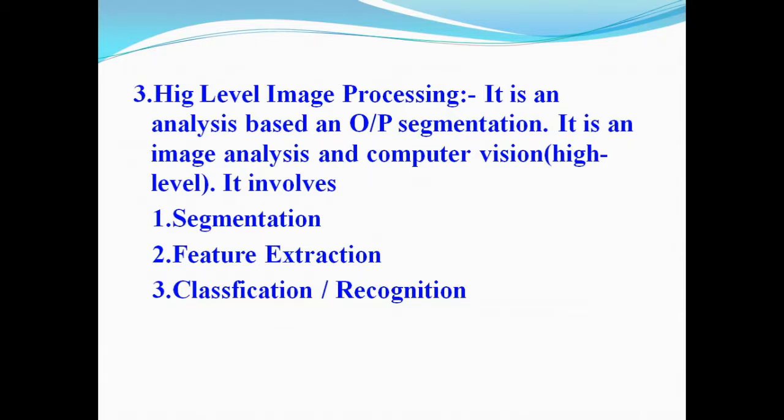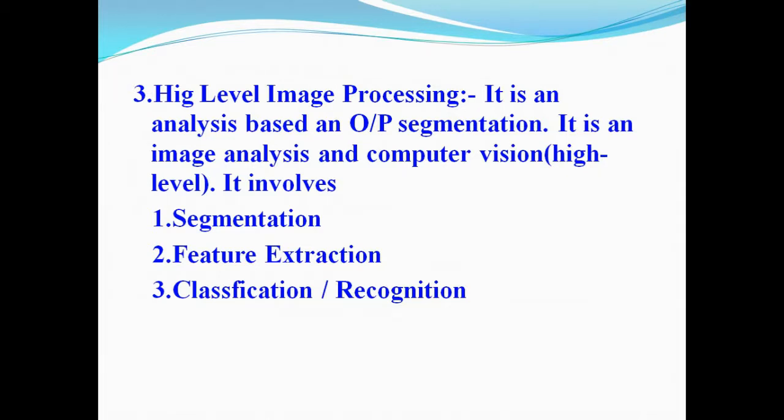Generally, high level image processing involves three types of things. First, segmentation, which is one kind of method in image processing methodology.